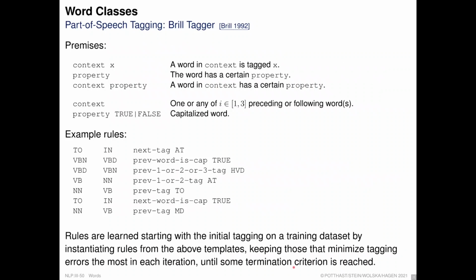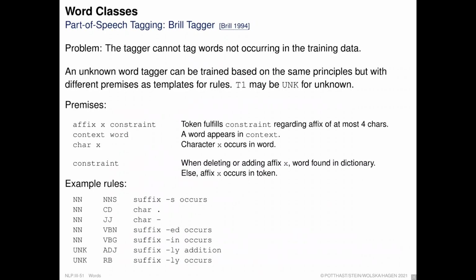I will not go into detail here, but there are rules of a specific form in the Brill tagger. I will ask you to look at this at home, and we'll discuss it next time. Actually, conceptually, this is a rather simple approach. This is why we are talking about it here in the lecture.